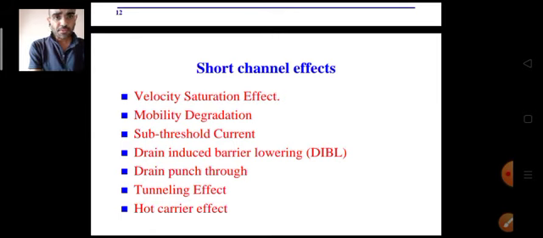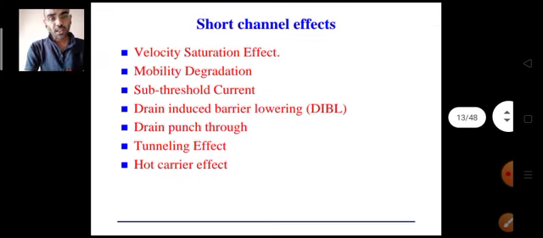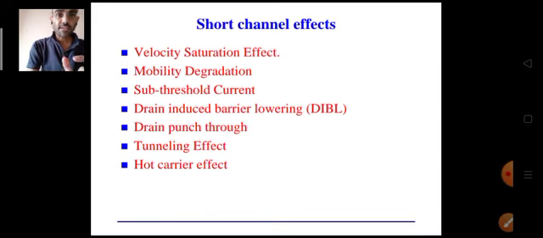So there are various other effects which come into play, and because of this, you cannot calculate the device current by the equations which you have used earlier. The device current equations get affected by certain other factors. These factors we'll see in our next class. These are called short channel effects, because these effects come as we are reducing the channel length.